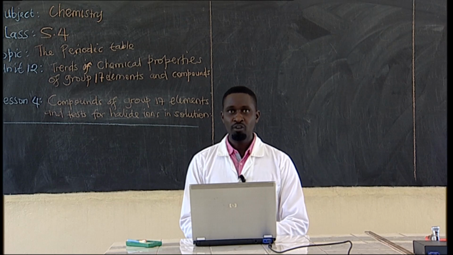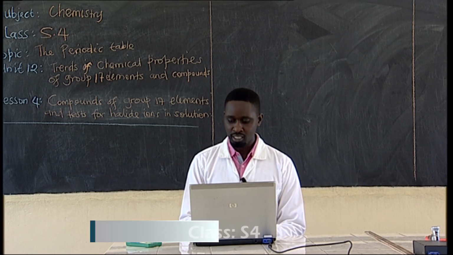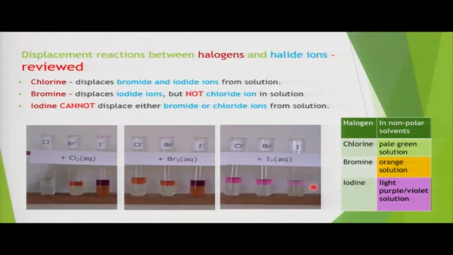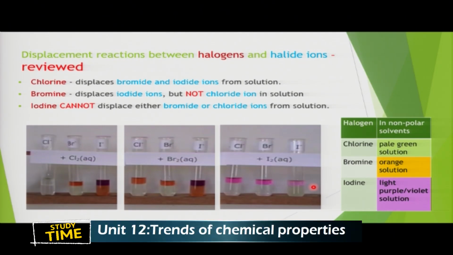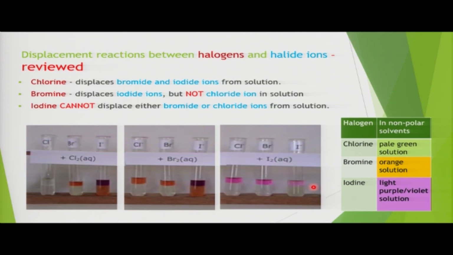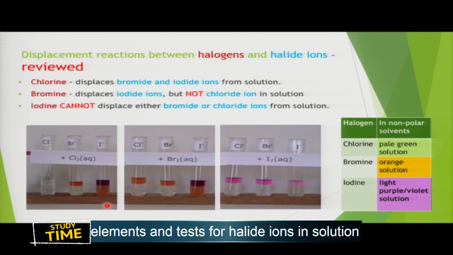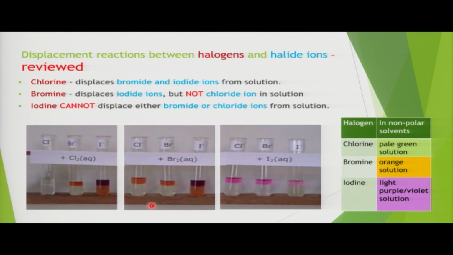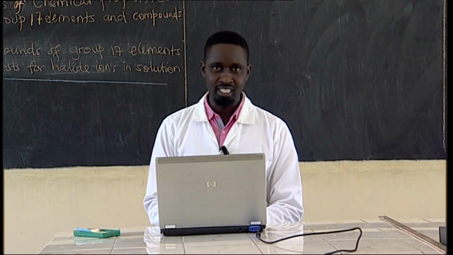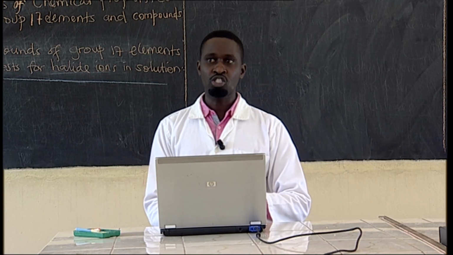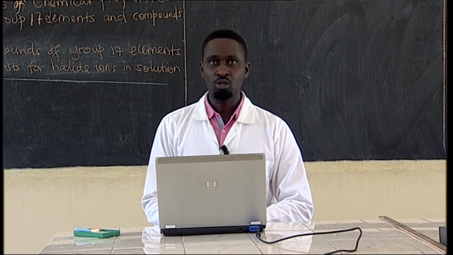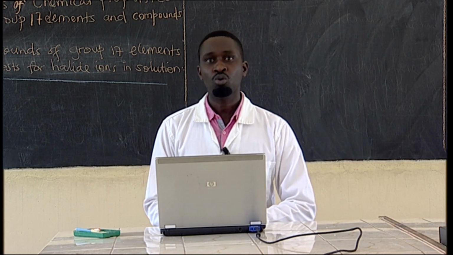So, before we get started on today's lesson, let's take a quick check on what we looked at in the previous lesson, then we come back and continue. We looked at the displacement reactions of the halogens and the halide ions briefly and said chlorine displaces bromide and the iodide, as you see, because it is a stronger oxidizing agent. Then bromine only displaces iodide ions and not chloride because its strength does not outweigh that of chlorine.